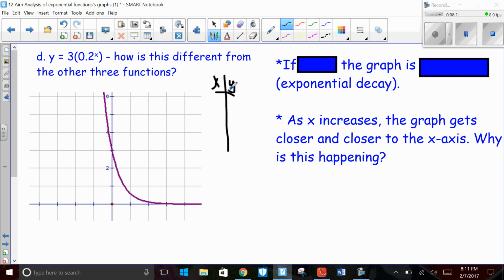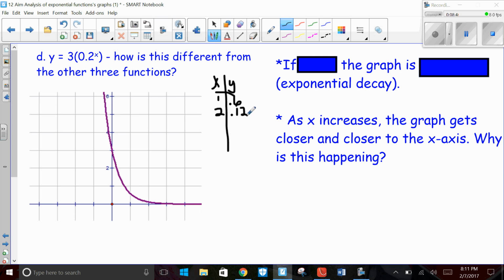If x is 1 and I'm substituting it in there, 0.2 to the 1 is 0.2 times 3. It's going to be 0.6, right? If x is 2, though, 0.2 squared is 0.04, and 0.04 times 3 is 0.12.